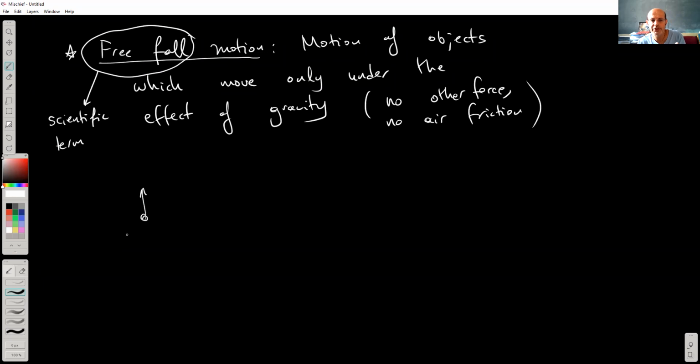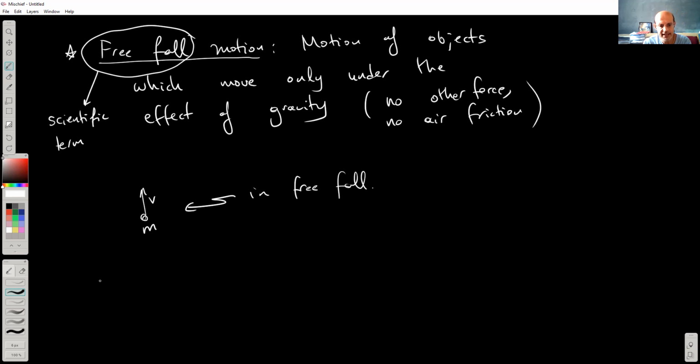All right. I will also say that, for example, the satellites are also in free fall motion as well. So as a result, think of it like this. So an object is thrown up. This is in free fall. Okay. Just keep this in mind, right? So in all of the scientific terms, we have this, right?